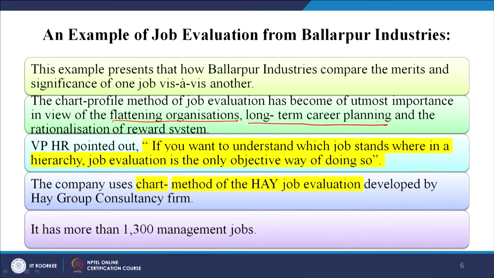Now, you see the industries are trying, like in this particular example of the Ballarpur industries, what they have done. They have identified certain jobs, and in certain jobs there is a requirement of long term career planning, because they have found that certain employees working in particular jobs are not leaving the organization, like some of the young people or the new generation's style, rather they are sticking to the jobs.